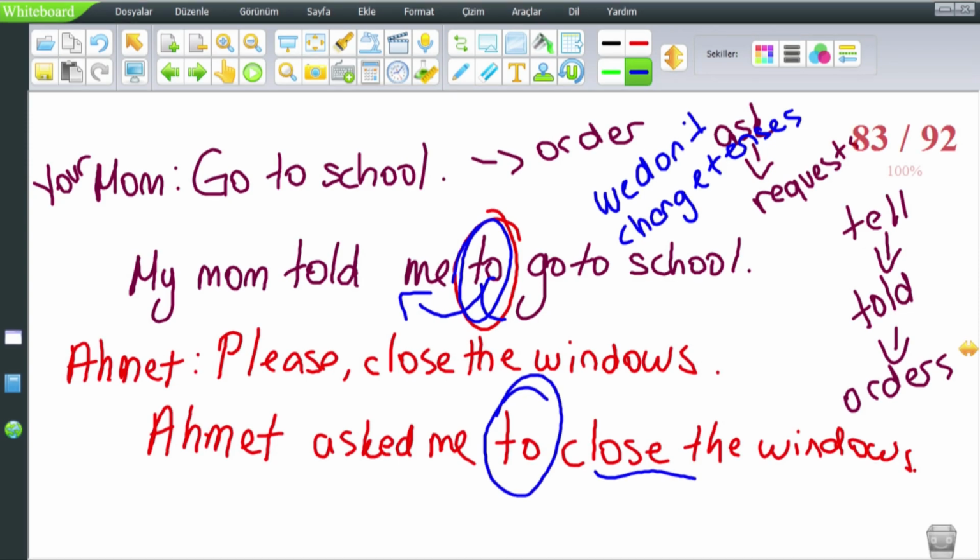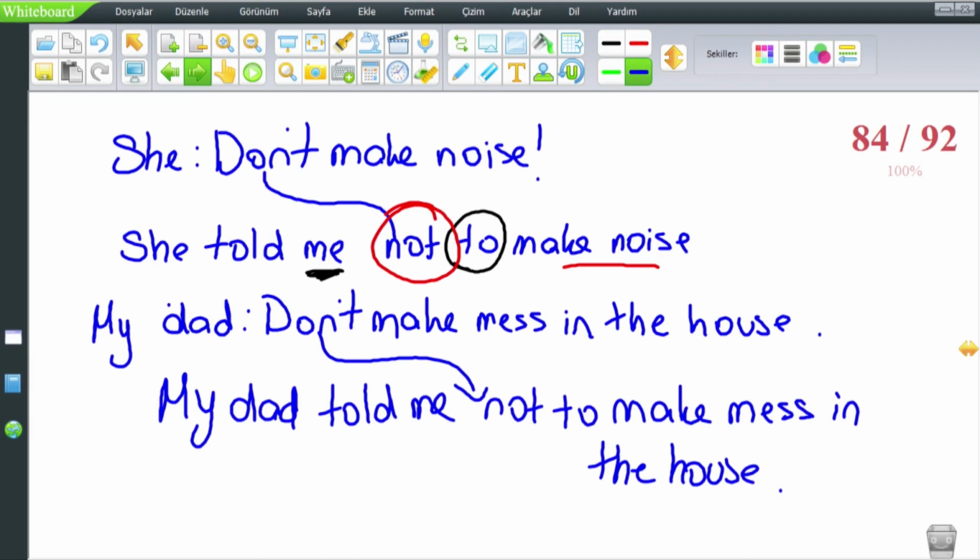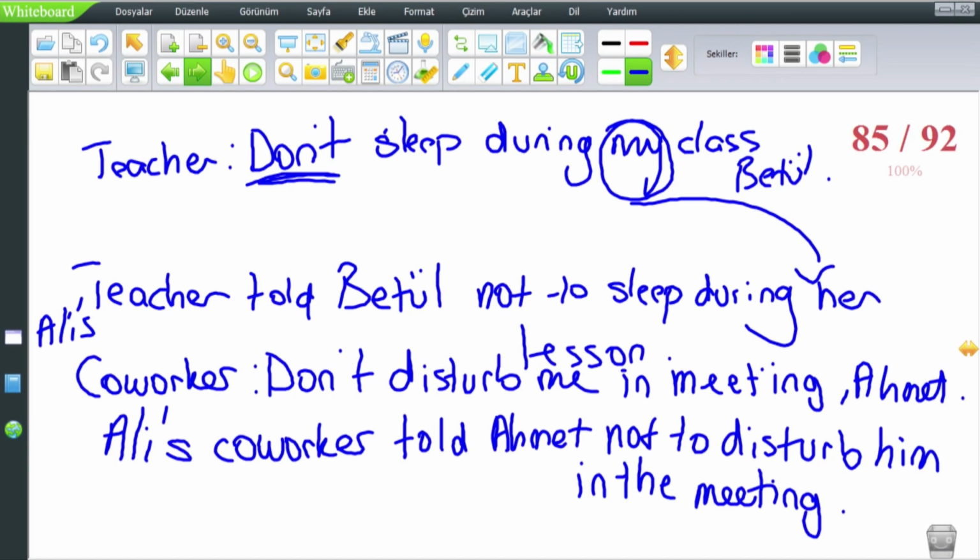When we're talking about requests, we use asked. And when we are making negative orders or requests, we use not to after who is being told not to do that. And we talk about who that order is referred to.